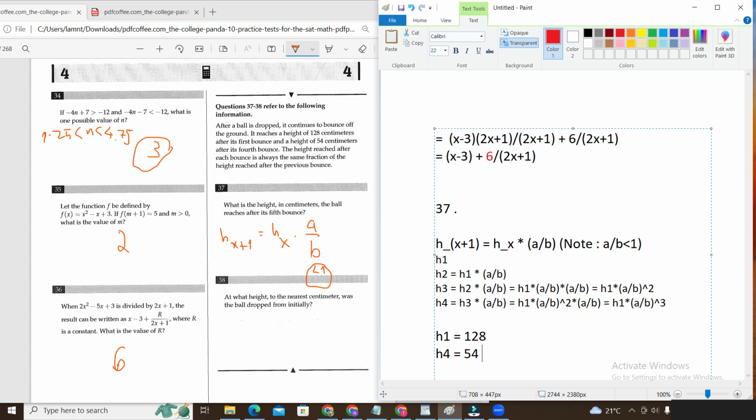So we know that h4 is h1 times a over b cubed. That's just 128 times a over b cubed.